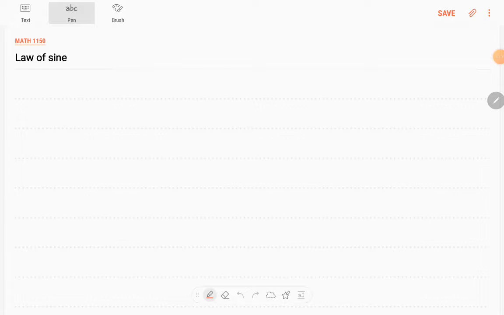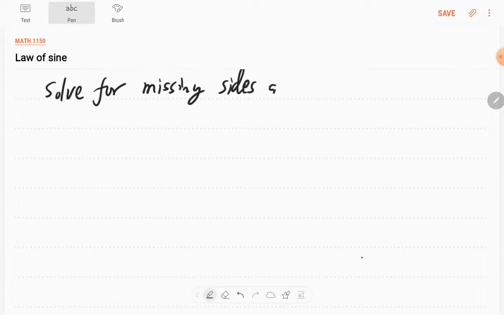In this part, we will introduce some laws to allow you to solve for missing sides and angles of non-right triangles. We want to solve for missing sides or missing angles of a non-right triangle.